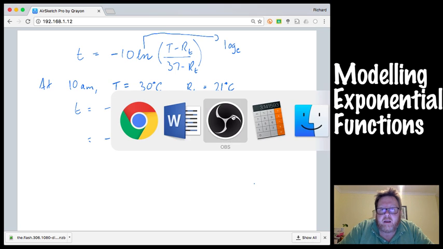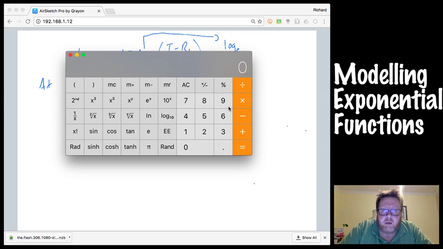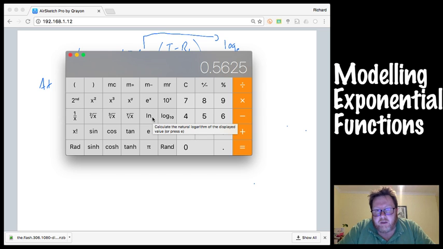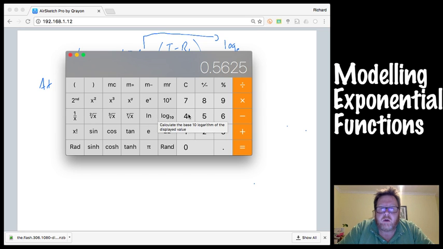We can get our calculator out and punch that in. Let's go 9 divided by 16 equals 0.5625. Then look on the calculator, and your scientific calculator will have one too, there's a natural logarithm button, ln. So on your scientific calculator you'd go ln, 9 divided by 16, close bracket. Sorry, not log, natural log.